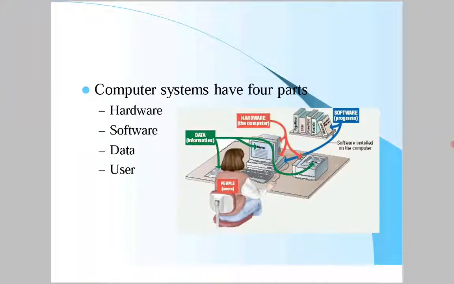This is a simple diagram of a computer system having four parts: hardware, software, data, and user. Hardware is the physical components of a system, that is the electrical, electronic, mechanical devices of a computer system, like monitors, keyboard, and so on. Software means programs, a set of instructions or application programs.